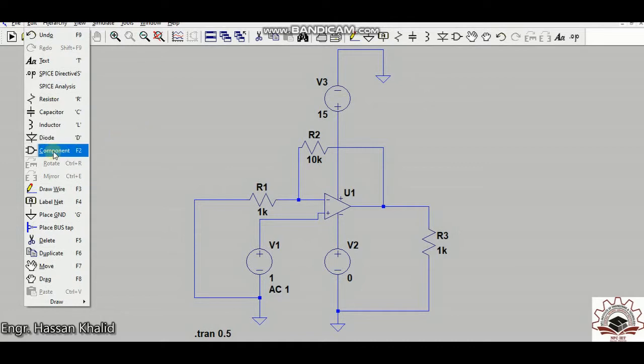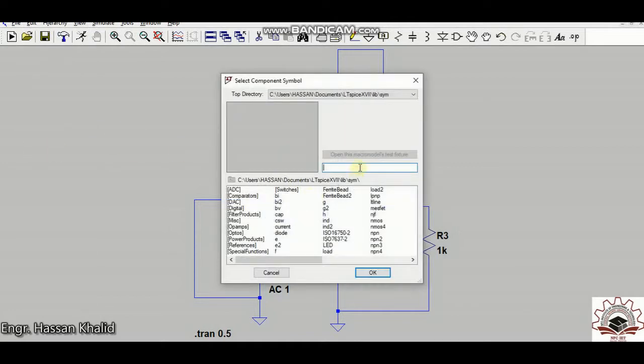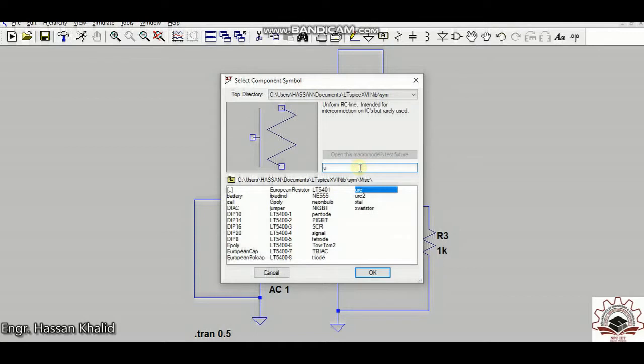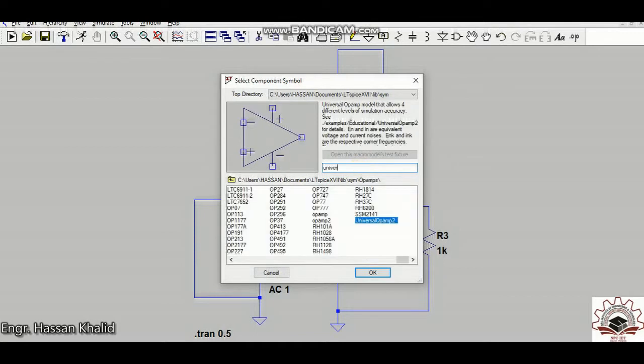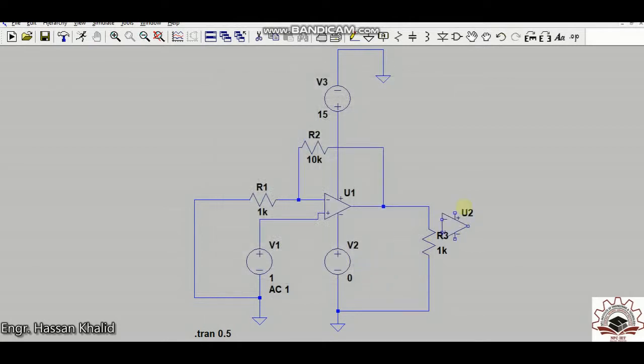I have fetched my required operational amplifier IC, the universal op amp, and it has all the required features for today's lab. You just have to place it here, and you need the feedback resistor and the input resistor as R1 and R2, and you need to prepare the circuit as I have prepared in this LTSPICE.